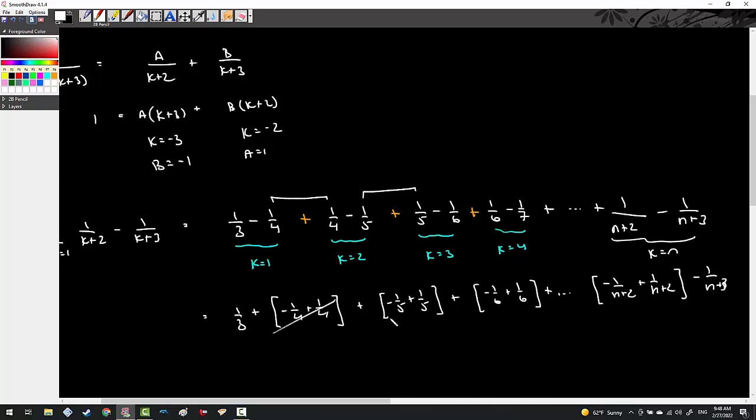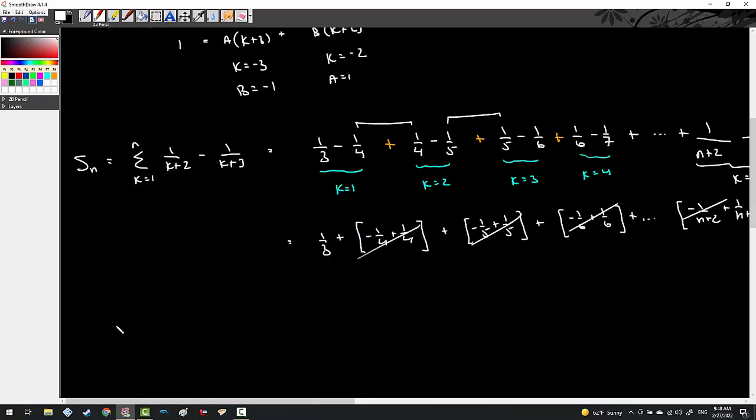And so all these middle guys are going to cancel each other out, and what I have is a formula called S sub n, and like I did before, I'm going to get rid of the middle guys, and I'm going to say that this is 1/3 plus 1 over n plus 3. And what I've just found here is the nth partial sum formula.